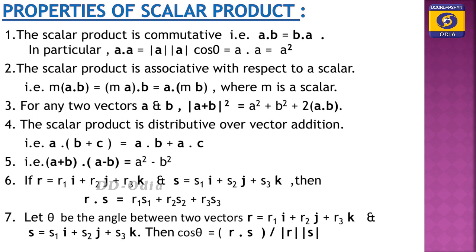Similarly, if theta is the angle between these two vectors, we can also find cos theta is equal to A dot B by A magnitude into B magnitude.